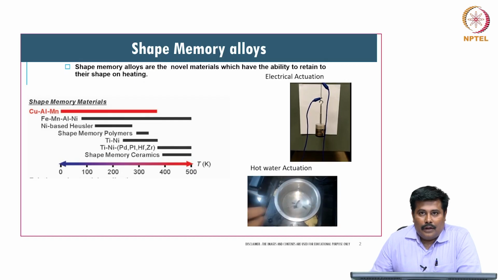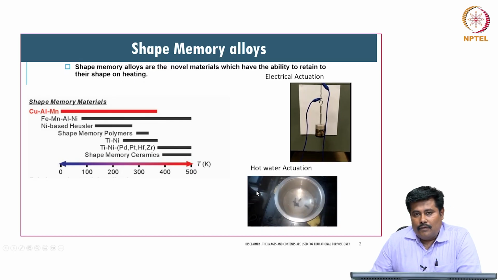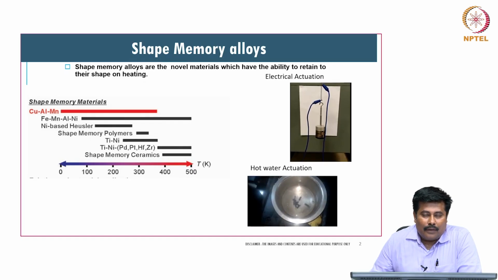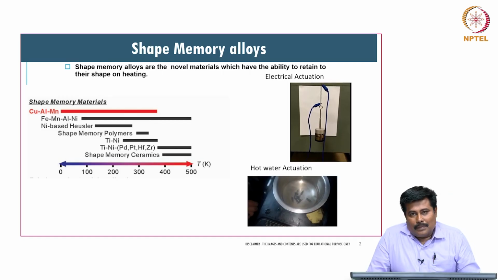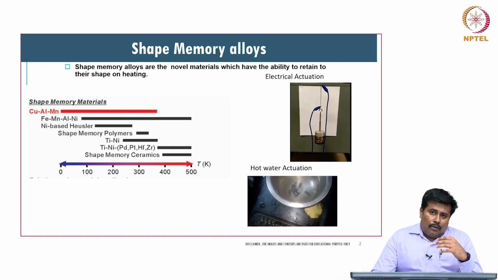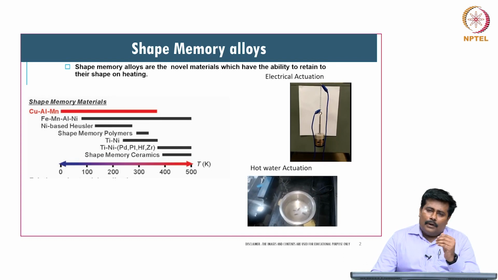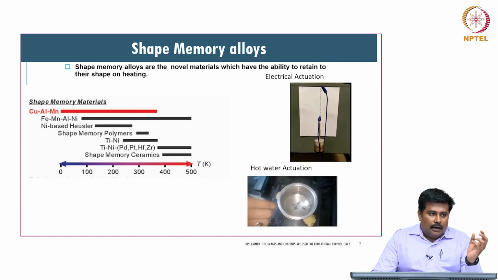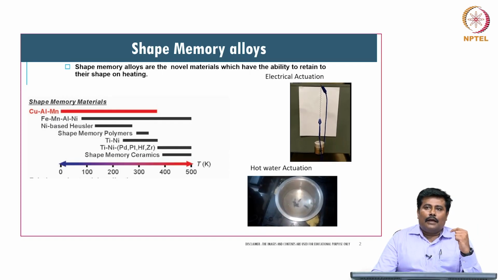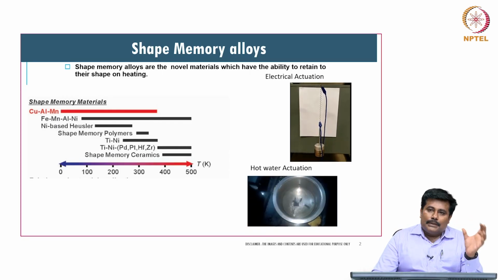As far as shape memory alloys are concerned, they fall under the category of smart materials. As you all know, compared to other materials, these smart materials have specific advantages. They have specialized functionality such that we can use them for specific applications.